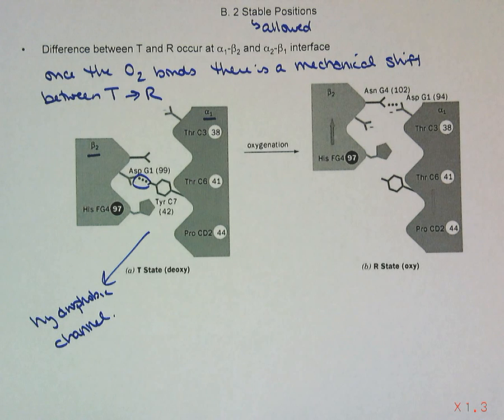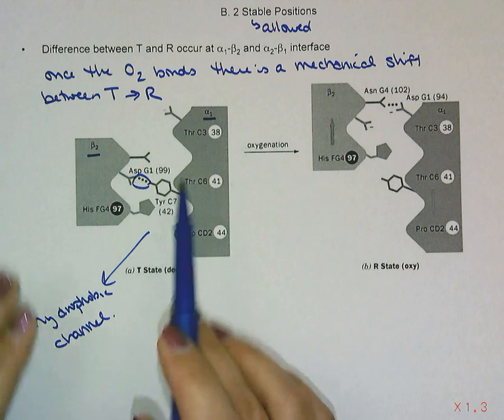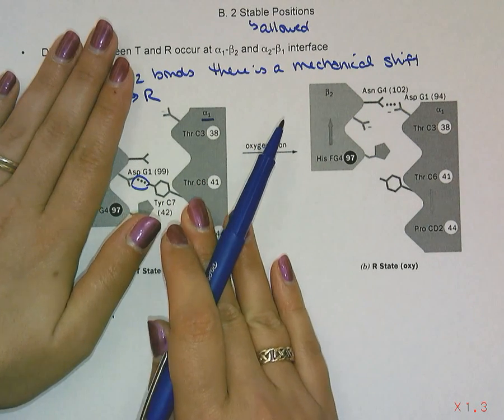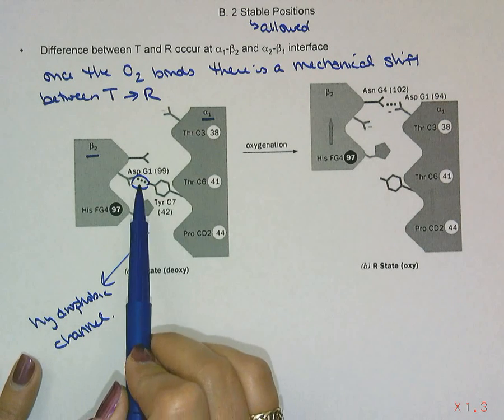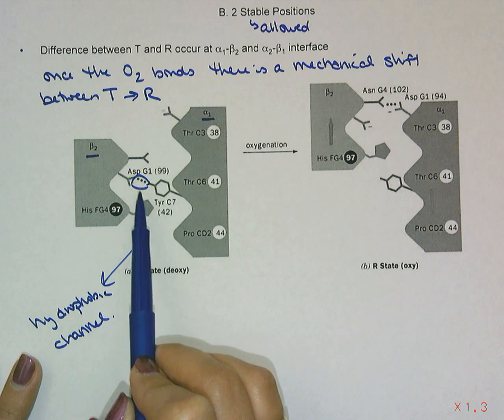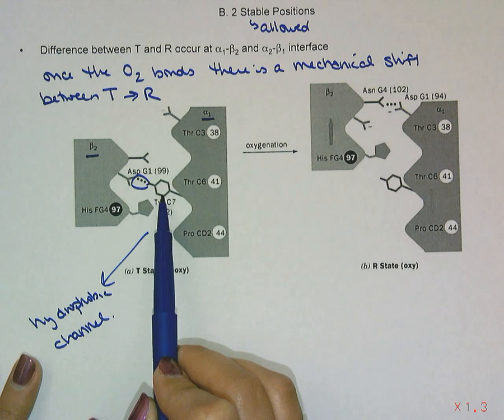So we're going to have a mechanical shift where the beta is going to shift up and this guy's going to shift down in the presence of oxygen. And so this hydrogen bond is going to have to break. Histidine cannot make a hydrogen bond to tyrosine. That's not possible.